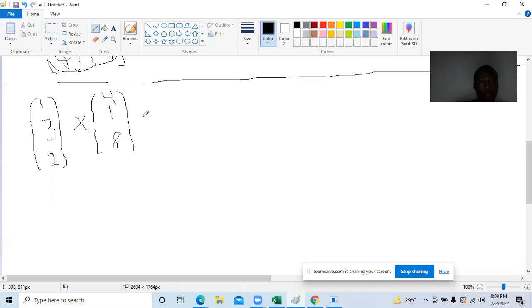So give me the cross product for this. So we're going to take the first plane and solve for the remaining 2 planes. Don't forget, it's first the falling diagonal minus the rising diagonal. So this is 3 times 8, 24, minus 2 times 1, 2. So the first is 22.